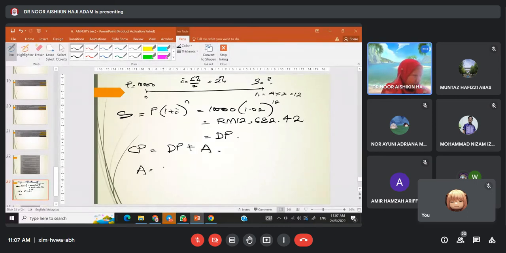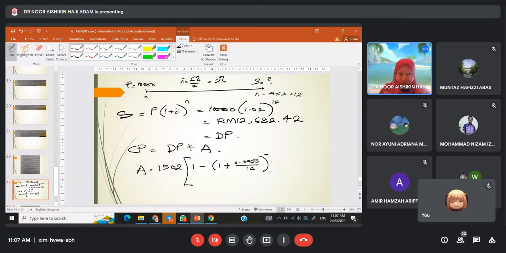Masukkan je. What is R? 1502. That's the monthly payment. Kemudian 1 minus 1 plus, what is your I? 4.25% compounded monthly. 0.0425 over 12 to the power of negative.